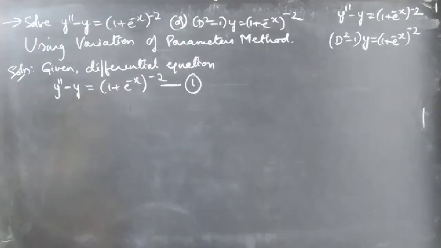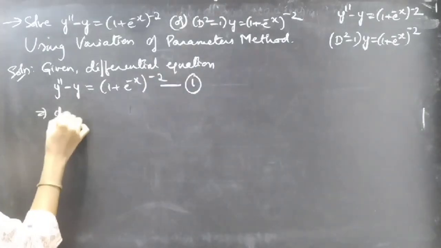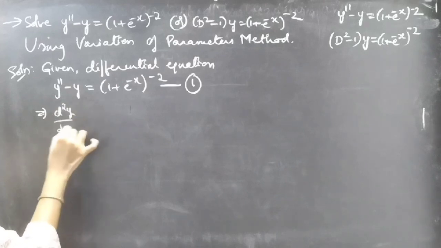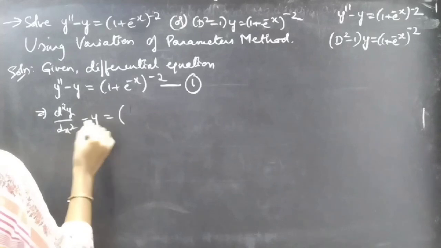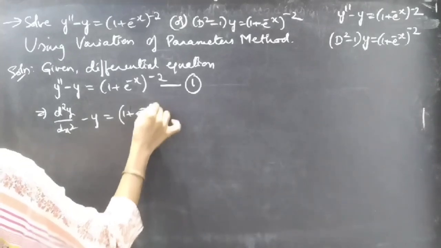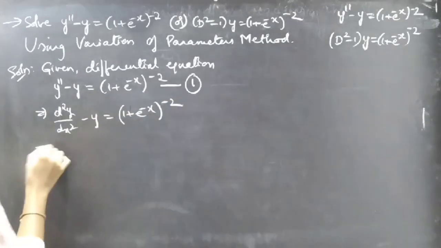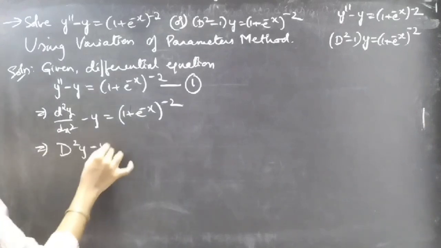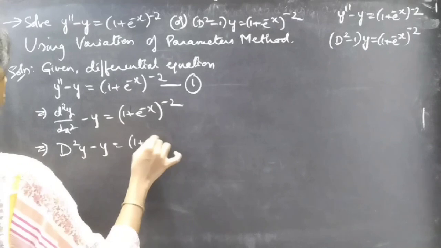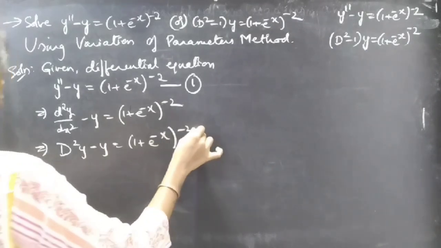Consider it as equation 1. We can write y double dash as d square y by dx square, minus y equal to (1 plus e power minus x) raised to the power minus 2. And we can write d square y by dx square as capital D square y, minus y equal to (1 plus e power minus x) raised to the power minus 2.